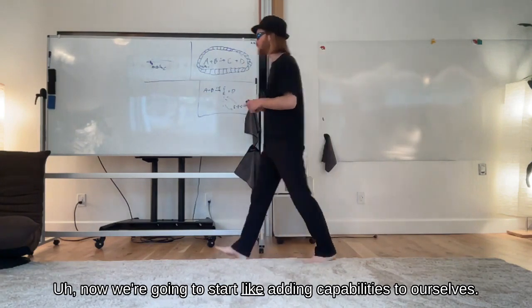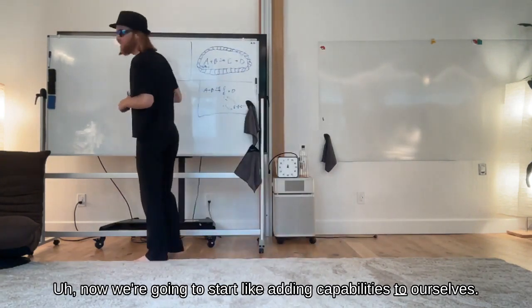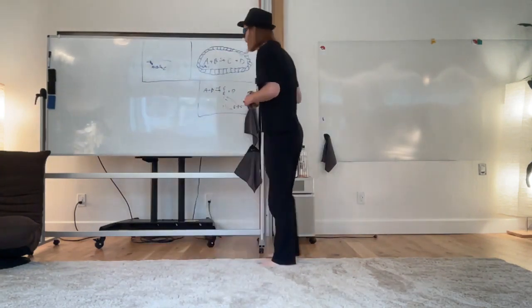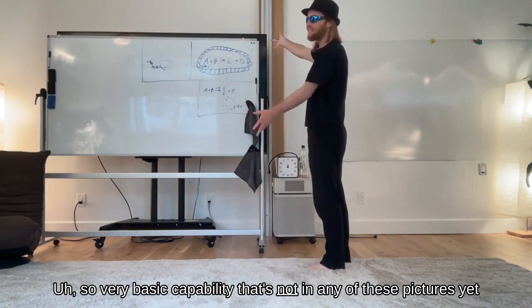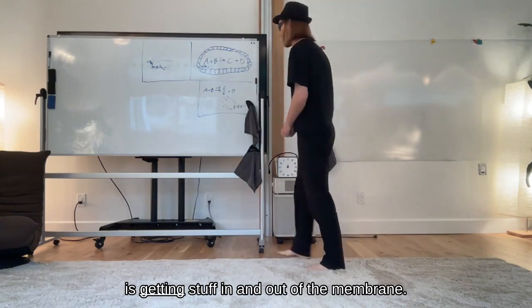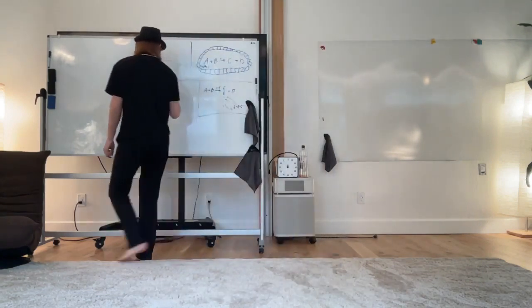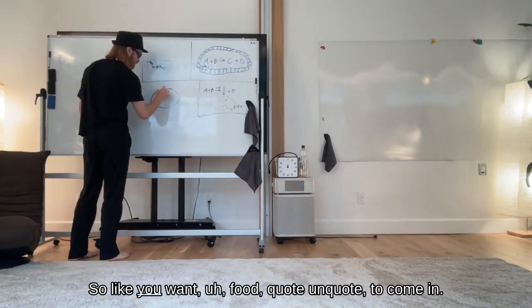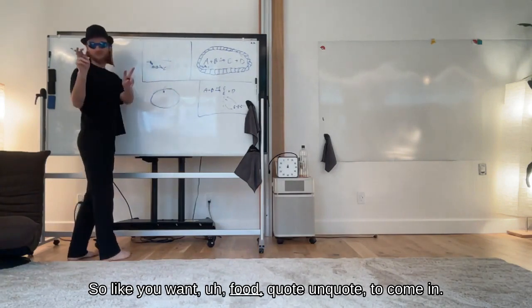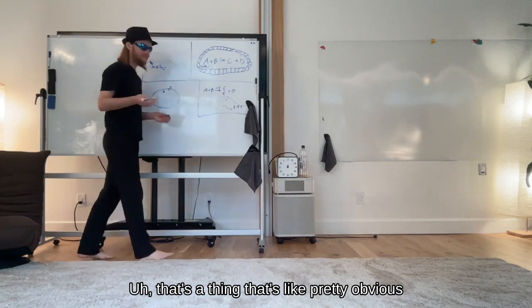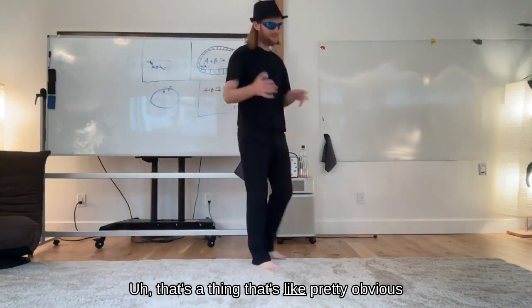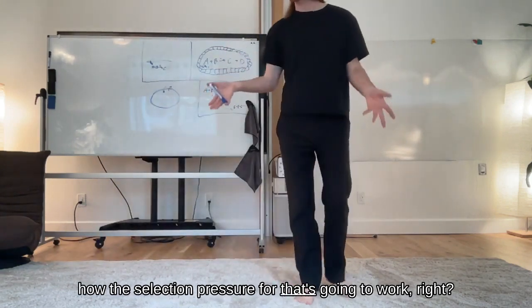Now we're going to start adding capabilities to our cell. Okay. So a very basic capability that's not in any of these pictures yet is getting stuff in and out of the membrane. You want food, quote unquote, to come in, you want waste to go out. It's pretty obvious how the selection pressure for that is going to work, right?